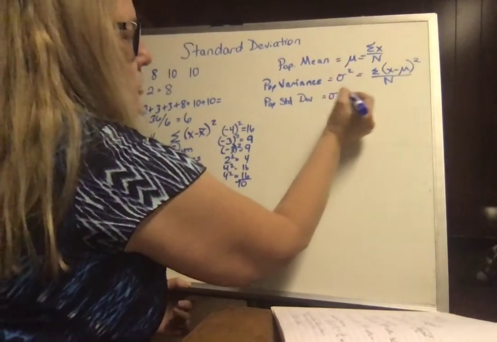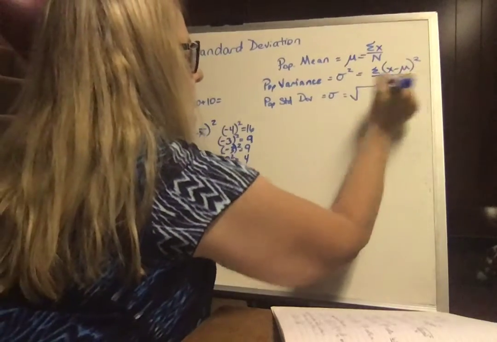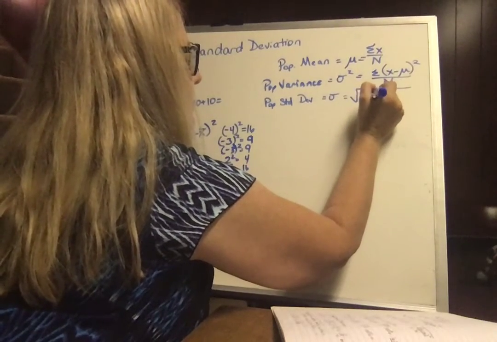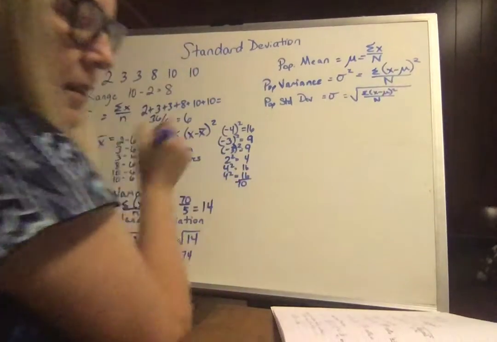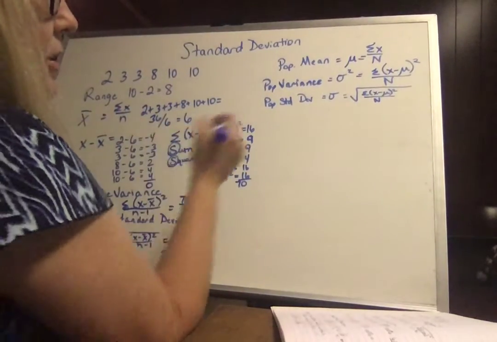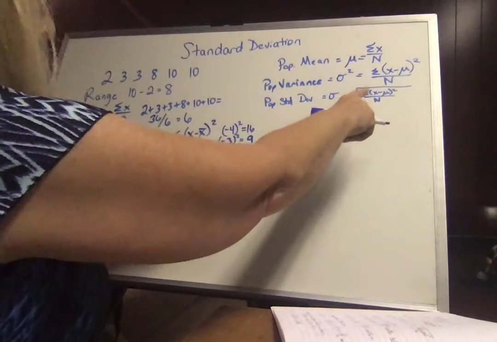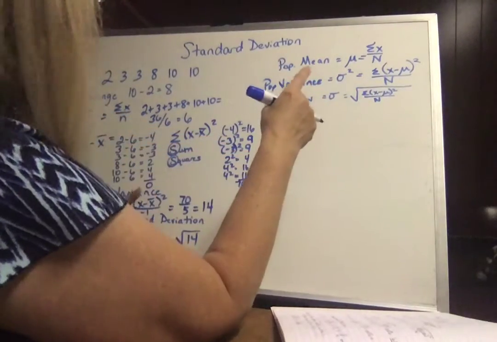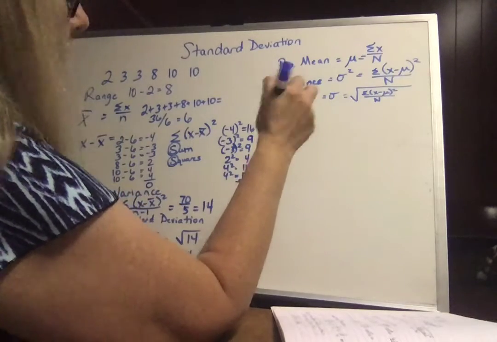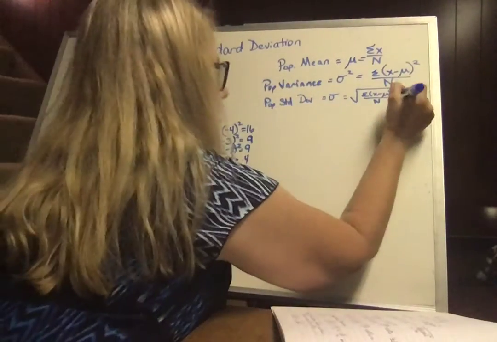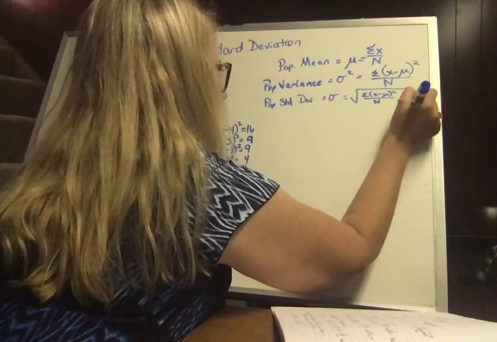Opposite of this is square root of the sum of x minus mu squared over n. And in our case, we had 70 divided by, but this time instead of 5 it would be 6, and then take the square root, and you will eventually get to about 3.43.